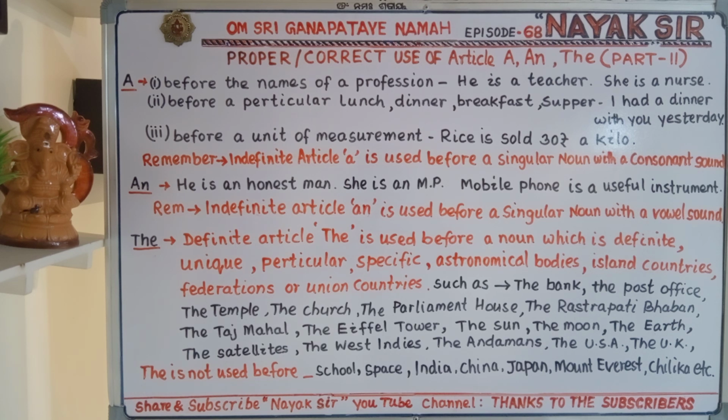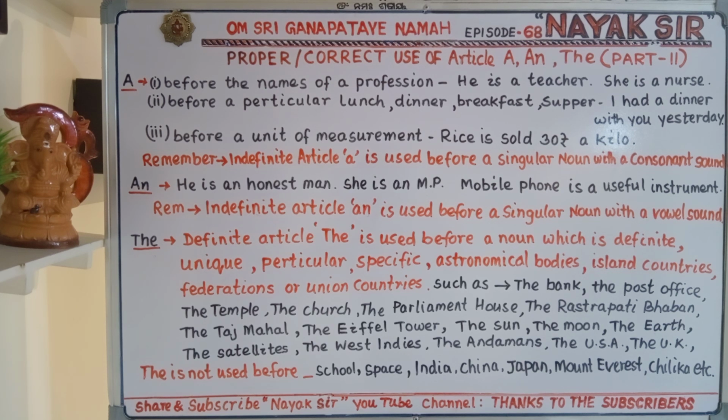He is an honest man. Here we use an. Why? Because honest is pronounced as 'onest', not 'honest'. If it were pronounced with an h, we could say he is a honest man.